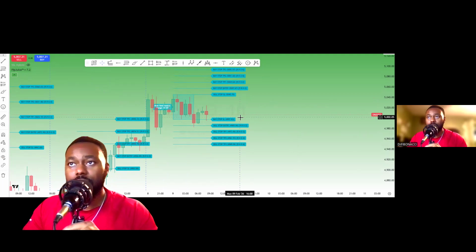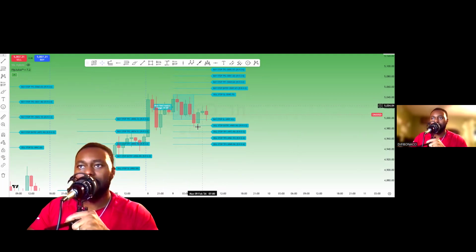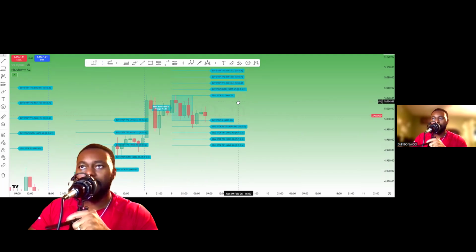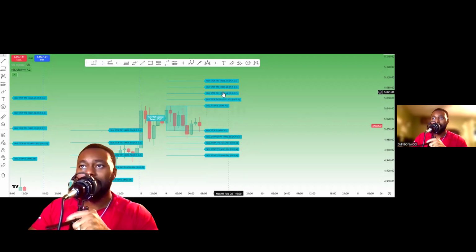This consolidation zone took place here from midnight to 8 o'clock. We had some consolidation, some choppiness, wick rejection, and then we have sell stop stop loss, and you have buy stop stop loss. You have buy stop entry, take profit one, take profit two, and take profit three.